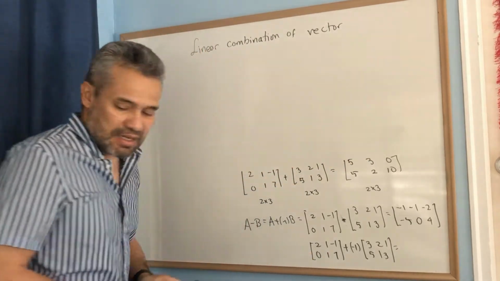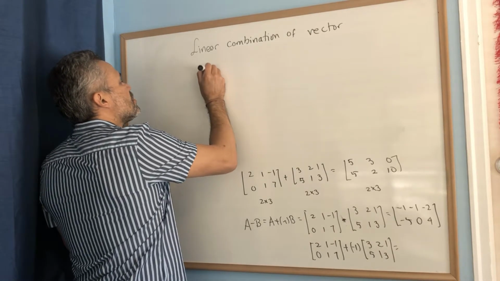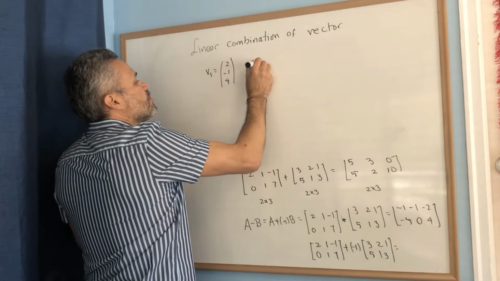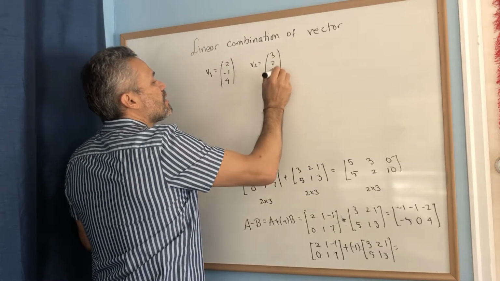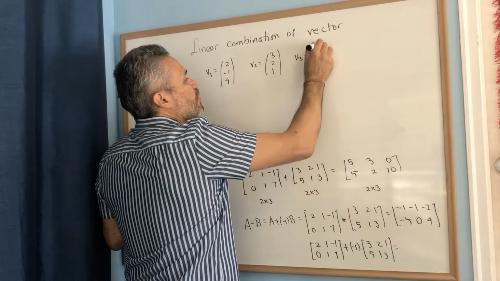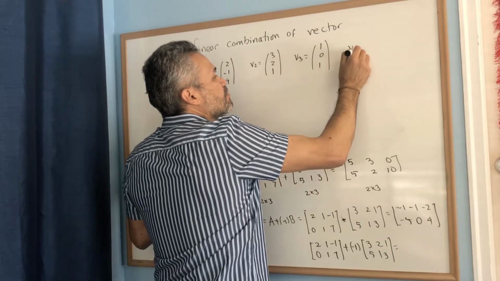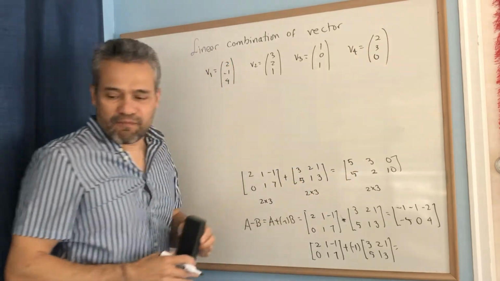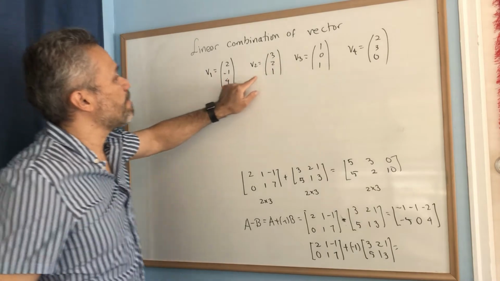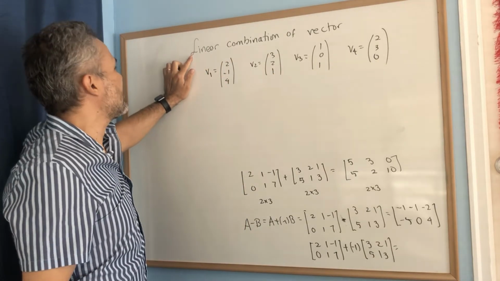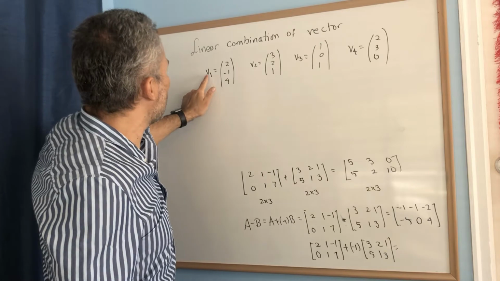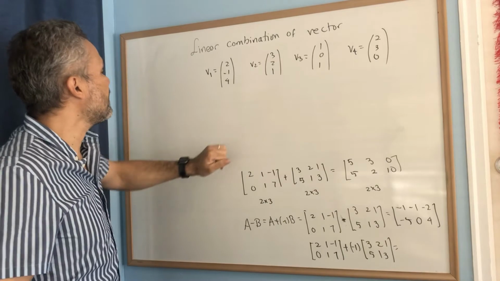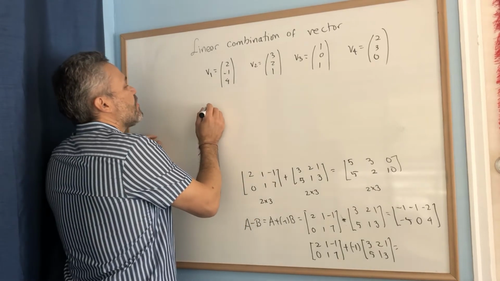Let's suppose that we have the vectors v1 equal 2, -1, 4, v2 equal 3, 2, 1, v3 equal 1, 0, 1, and v4 equal 2, 3, 0. If we have four vectors of the same size, to define the linear combination we're going to care about the order: vector 1, vector 2, vector 3, and vector 4. Then a linear combination is a vector of this form.